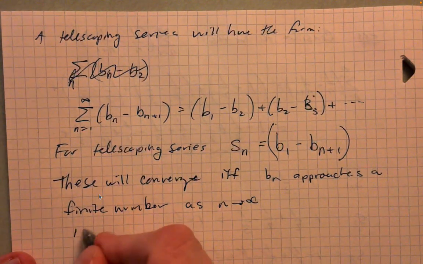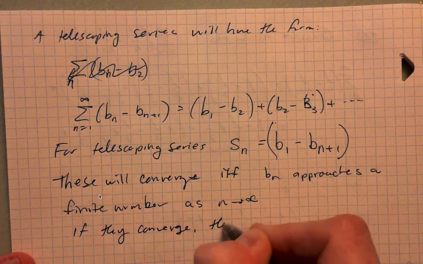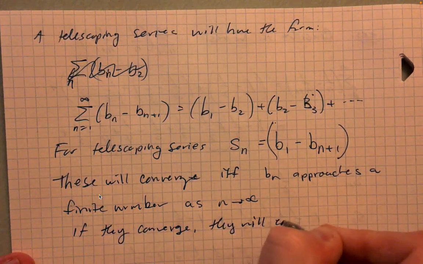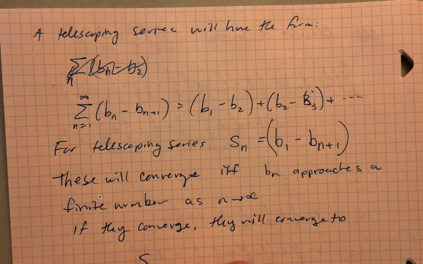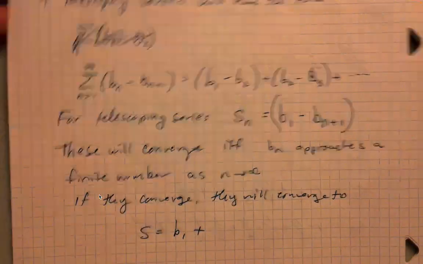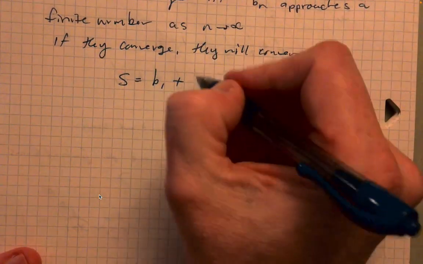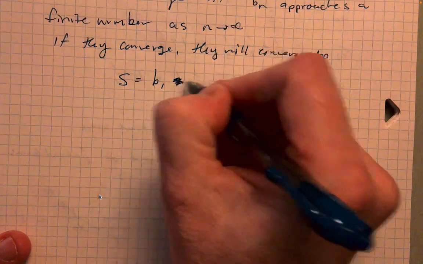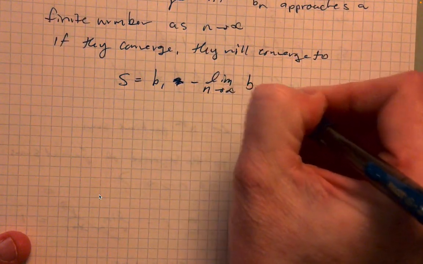So if the series converges, it will converge to S equals b1 minus the limit as n goes to infinity of b_(n+1).